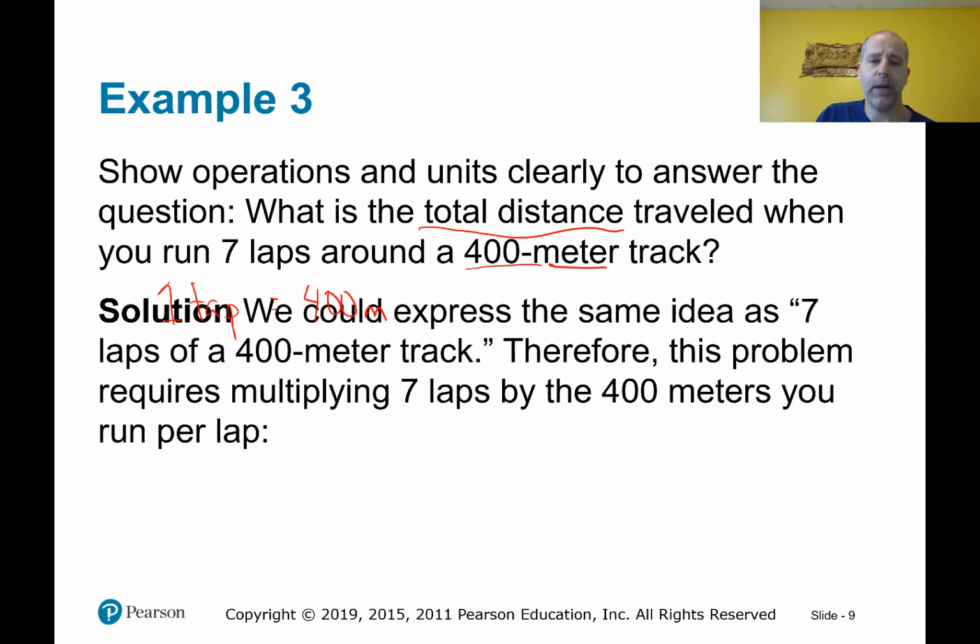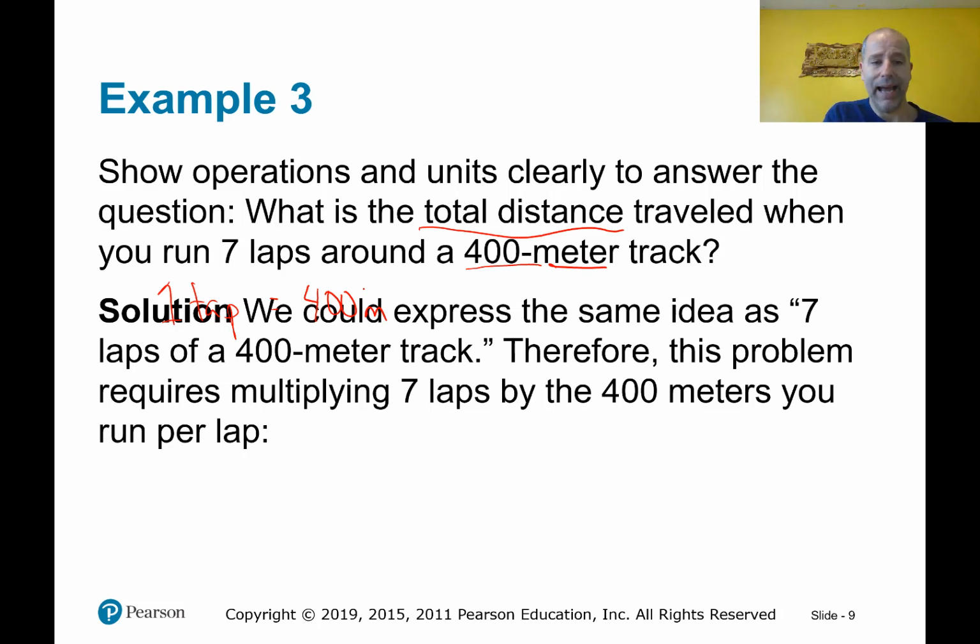So we could express the same idea as 7 laps of 400 meters. Therefore, the problem requires multiplying 7 laps by 400 meters per lap. So that's what we have up here.